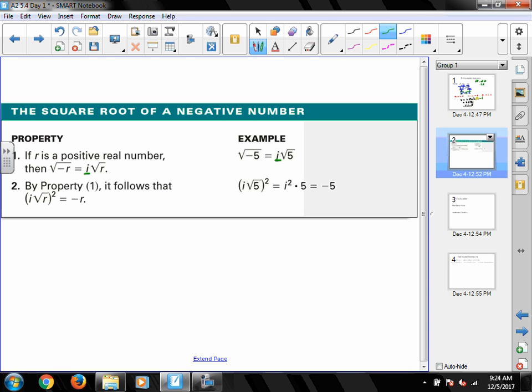So if you have i times the square root of 5, squared, this squared will get distributed to both the i and the 5. i squared is just negative 1. Square root of 5 squared is 5. So you end up with a negative 5. Another way you can do that is put the i back in there to get the square root of negative 5 squared, which would again be negative 5. Square roots and squaring undo each other.